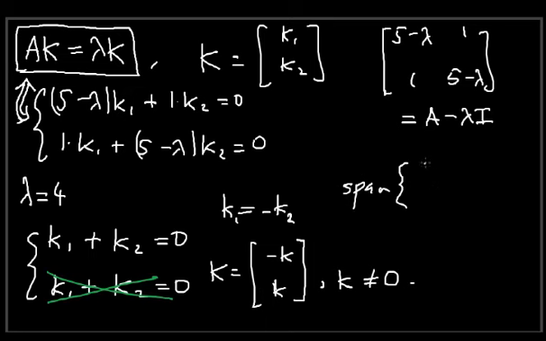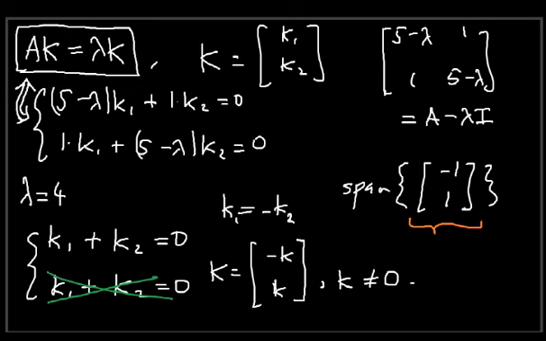For simplicity, let's pick k equals 1, so we'll have (minus 1, 1), and so this single eigenvector now represents all of them, because all the other eigenvectors can be obtained from this one by multiplying that vector with a non-zero scalar.